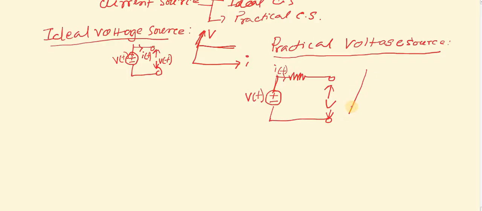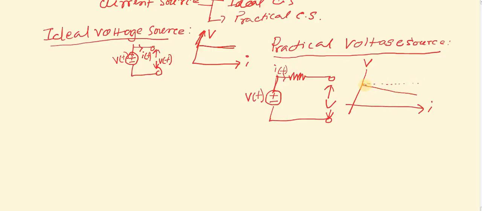In this case the VI characteristics would be like this. This is your current, your voltage. If resistance were not involved, then this is the ideal one, and for the practical case it would be like this.